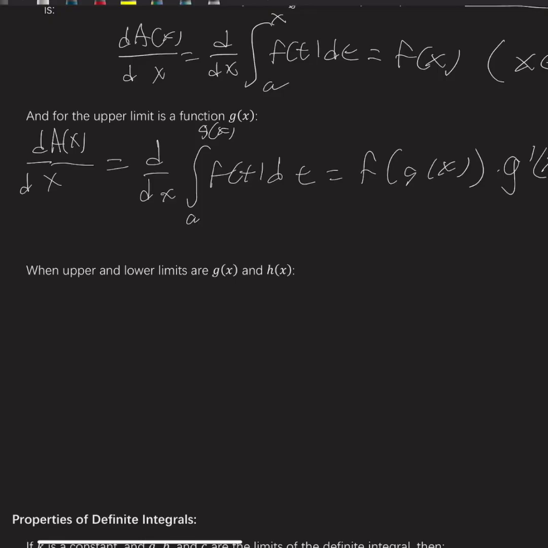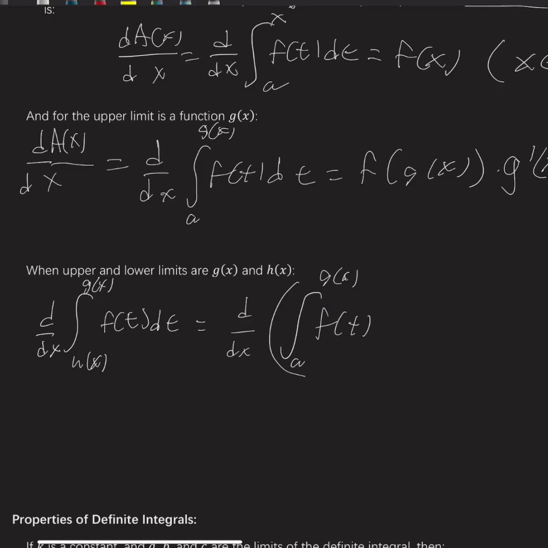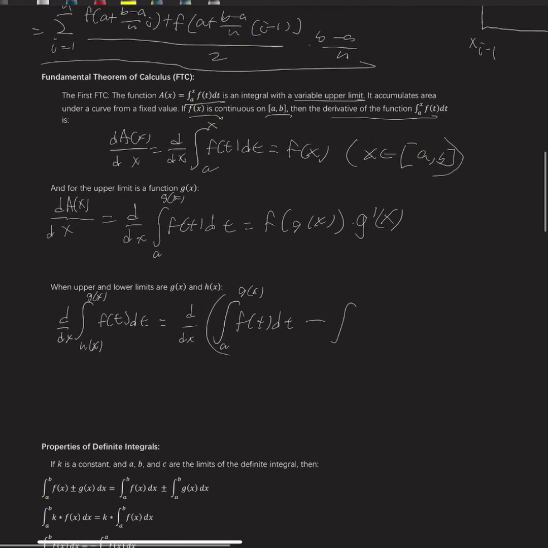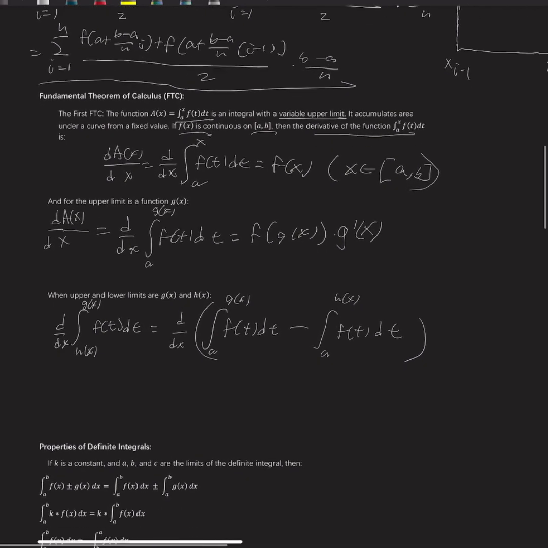It's the derivative with respect to x of the integral from h of x to g of x of f of t dt, which is equal to the derivative of the integral from a to g of x of f of t dt minus the integral from a to h of x of f of t dt. And that's the first fundamental theorem of calculus.